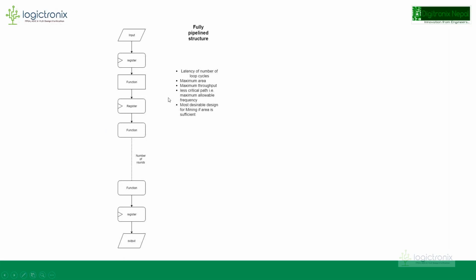So you get the maximum throughput with this design, and it has a less critical path also because we have used registers in every pipeline stage. That will make it possible to clock the frequency or even overclock the FPGA, up to maybe 400 to 500 megahertz. So this is the most desirable design for mining applications or other high throughput applications.